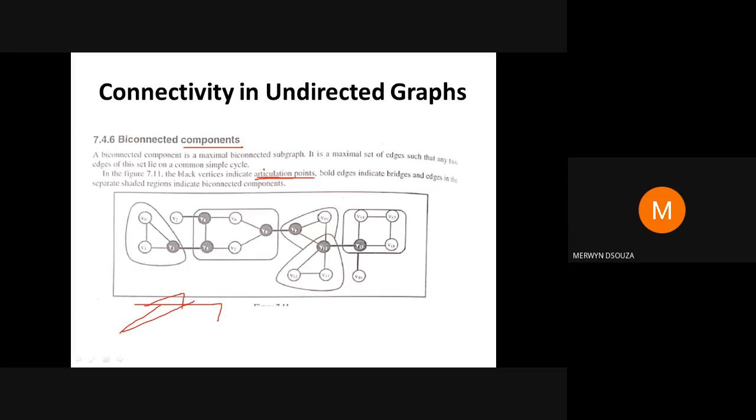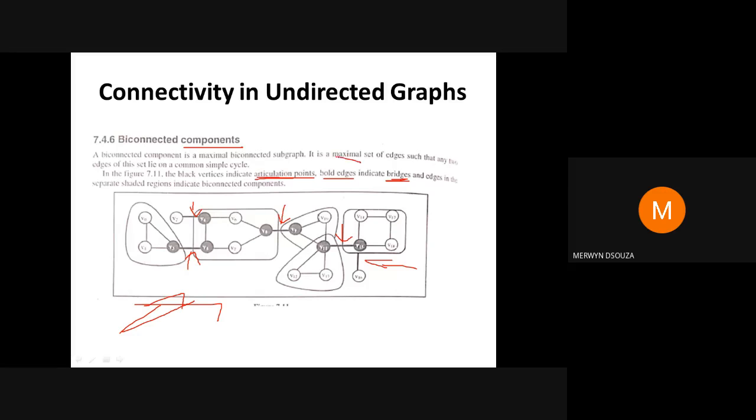Those are your articulation points. And there are some edges which are made bold, like you can see here. These edges are nothing but bridges.